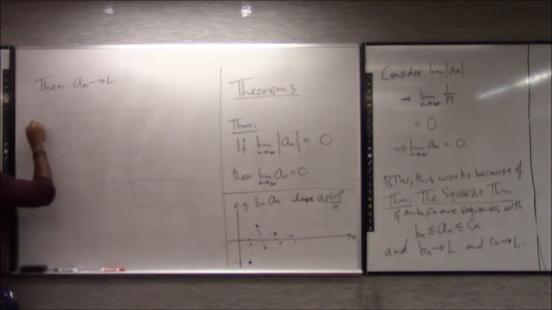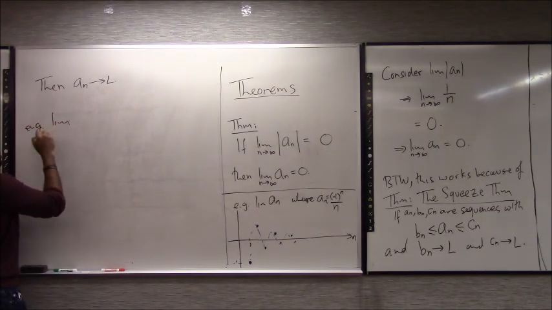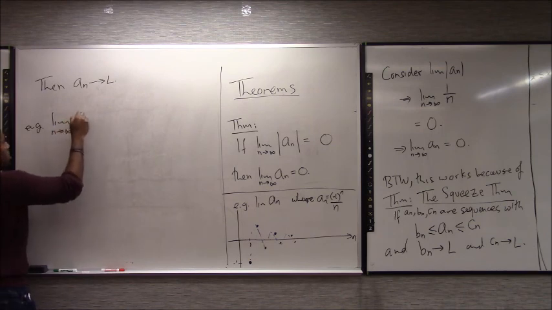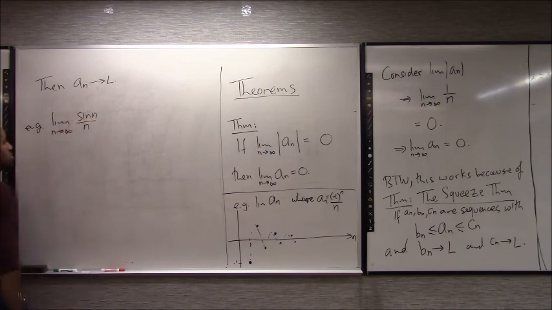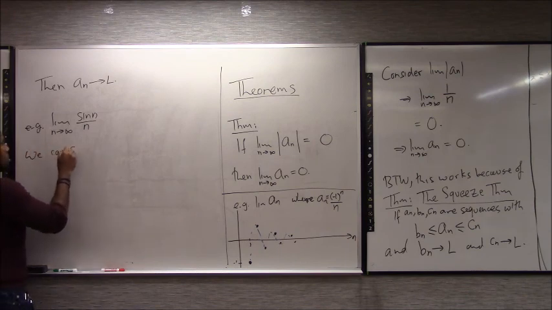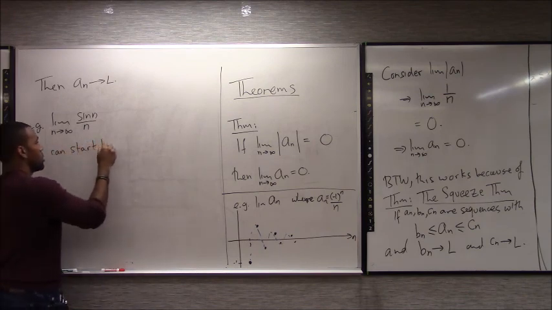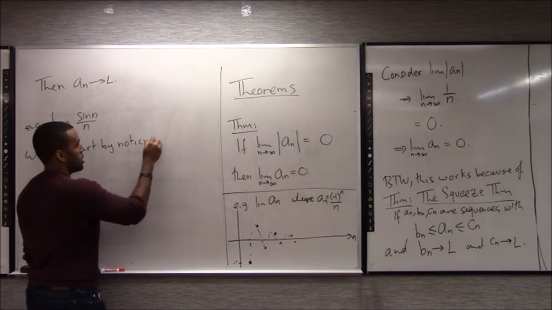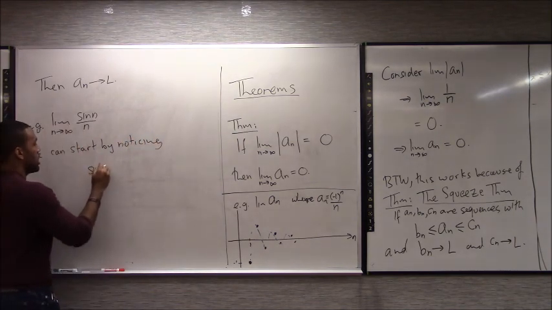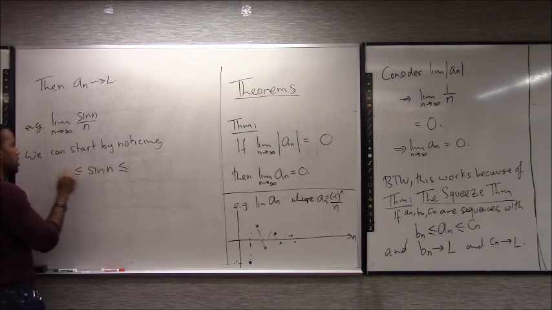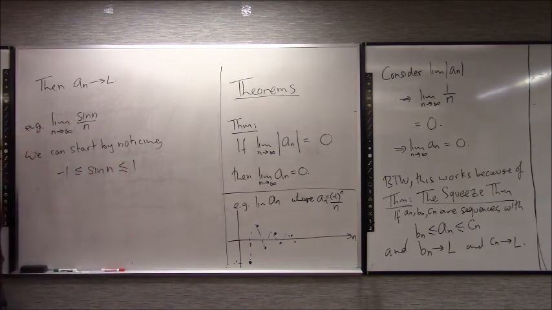Example here: the limit as n approaches infinity of sine n over n. We can start by noticing that sine of n is always going to be between 1 and minus 1. Even if we're only plugging in positive integers, that's going to be true.